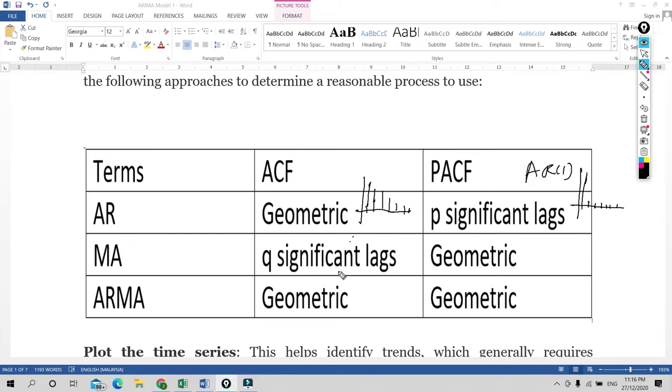Now let's say for the MA model, your ACF is like this. We have a spike here, then it goes down. While your PACF is a geometric series, then this is what I call the MA1 model.